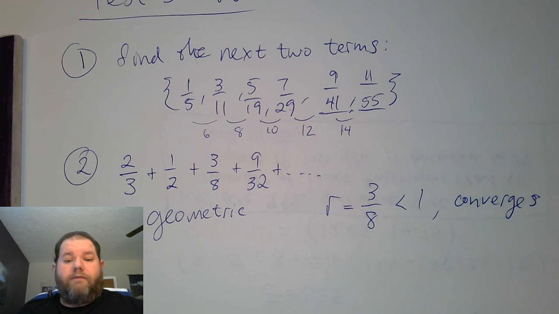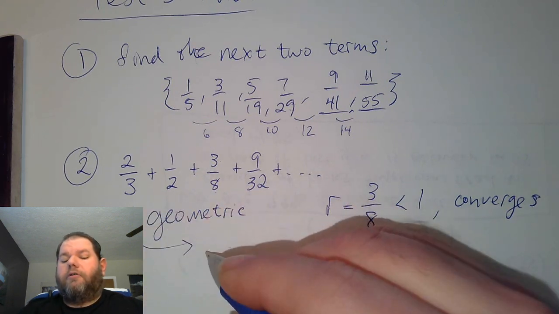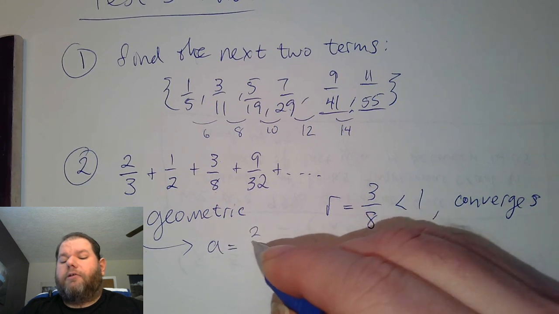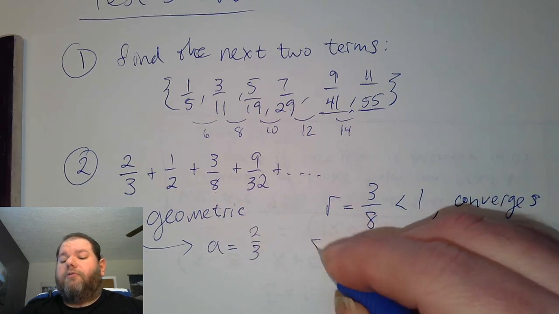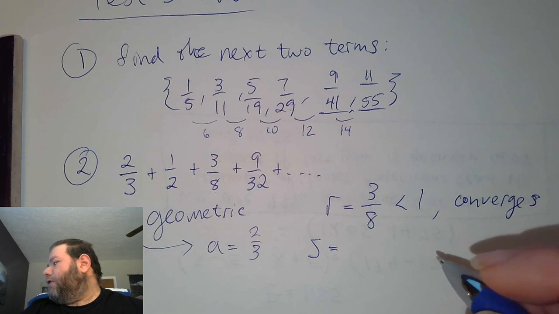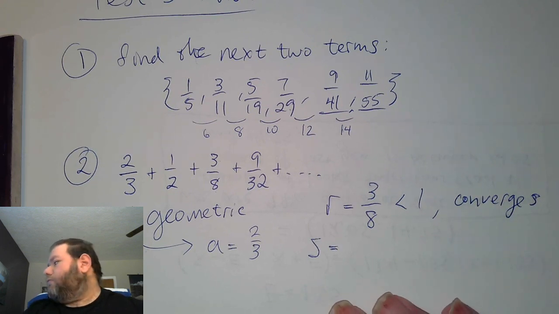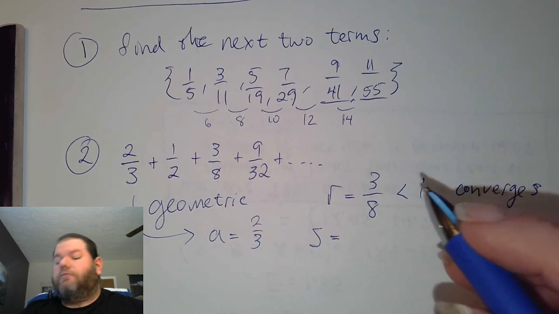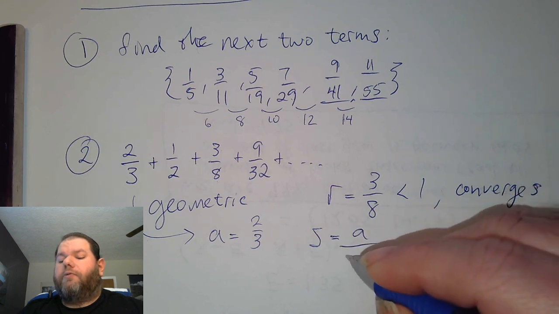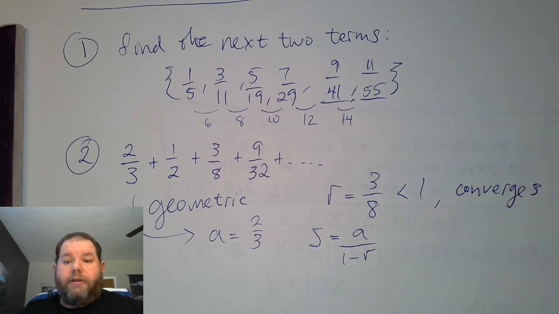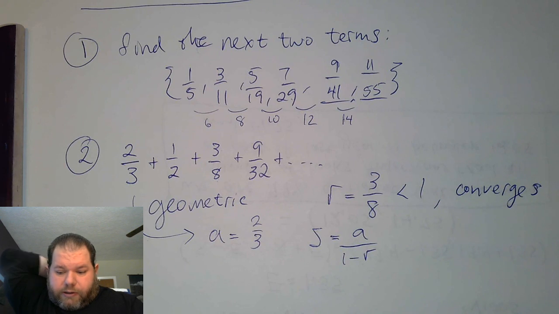And because it converges, we have our first value, A, is 2/3. Because it converges, we know the sum is equal to A over 1 minus R, and again, that's on the formula sheet.